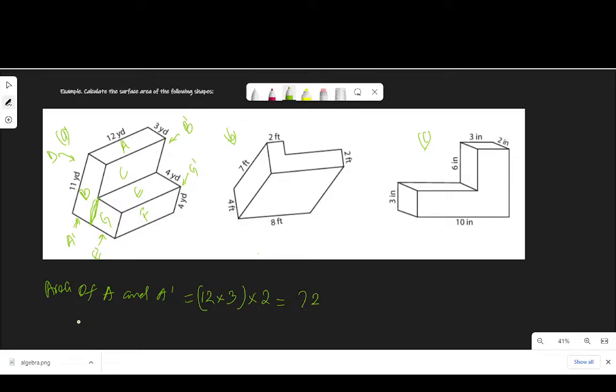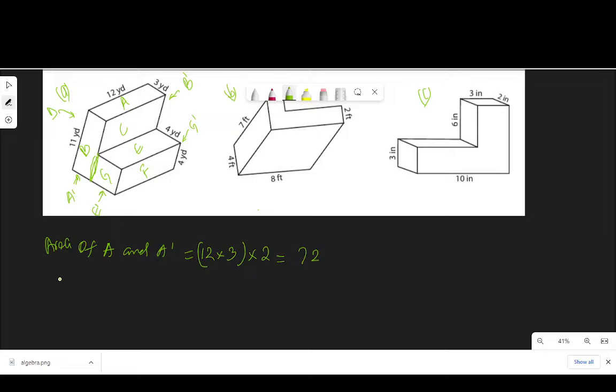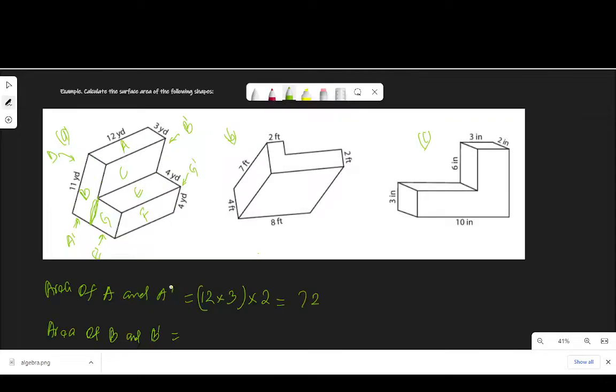Then the next one is B. Area of B and B prime. The length of B is 11.